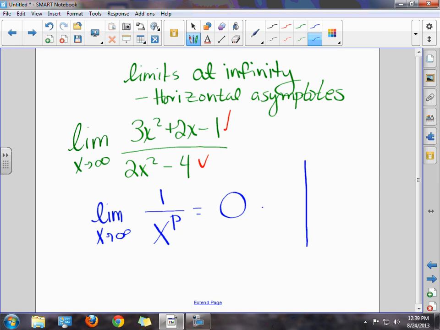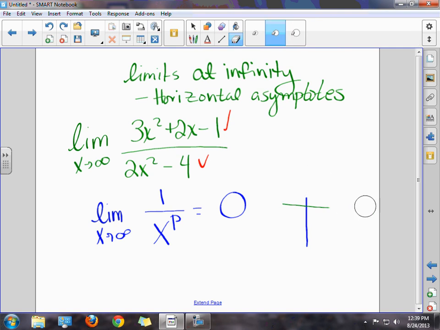If you think about what the graph looks like, it's going to look like this if p is odd. So as x goes to infinity, that is going to 0. If p is even, it's going to look something like this. So as x goes to infinity, this is going to 0.